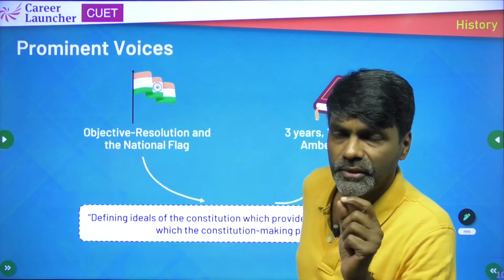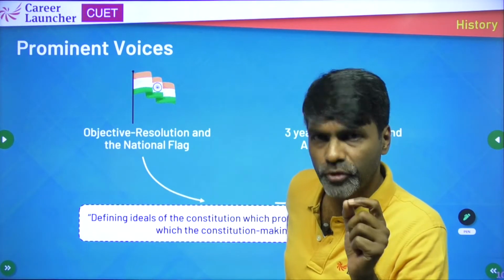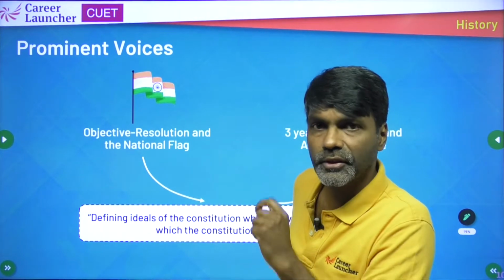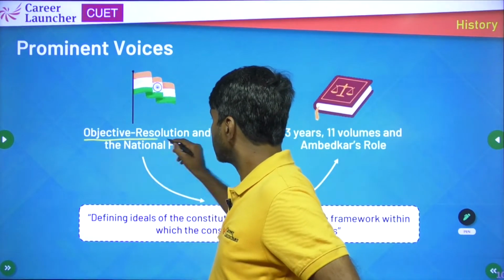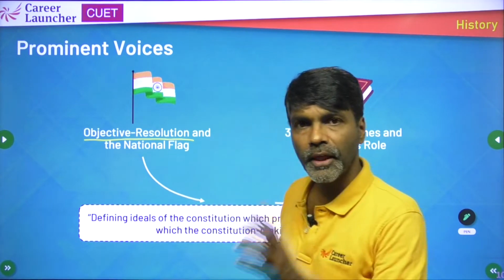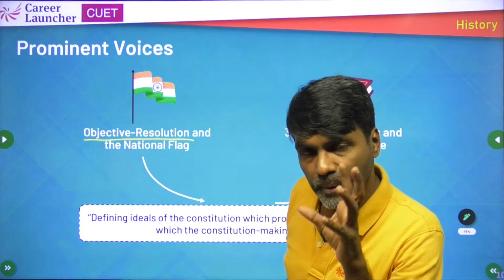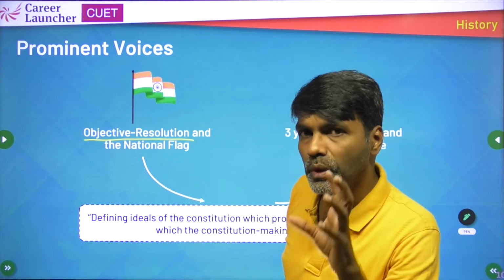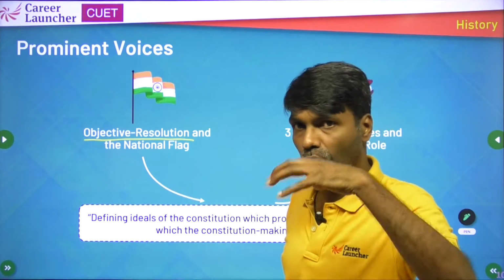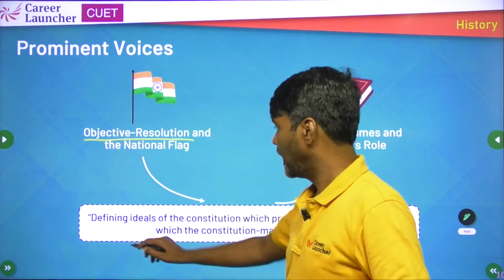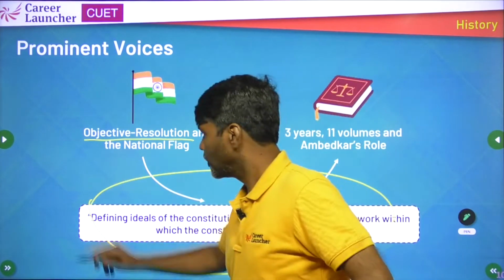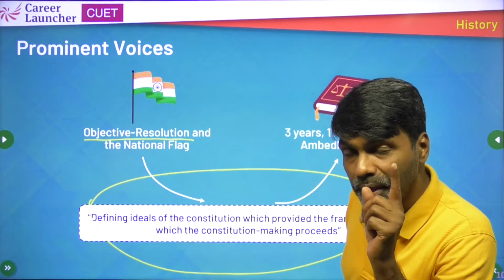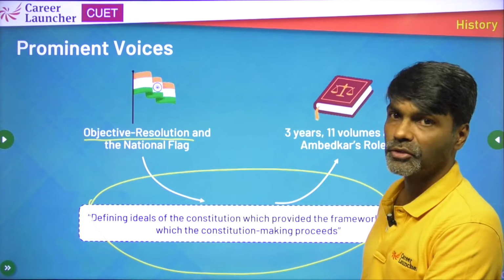One of the first things that Jawaharlal Nehru moved right after this formation was to create the objectives resolution. माने ये जो कॉन्स्टिट्यूशन का फ्रेमिंग का इवेंचुअल आउटकम क्या है वो हमको फॉर्मली अप्रूव कराना था. And that is what is captured here. Again, it could become an important thing that can be asked in your exam.